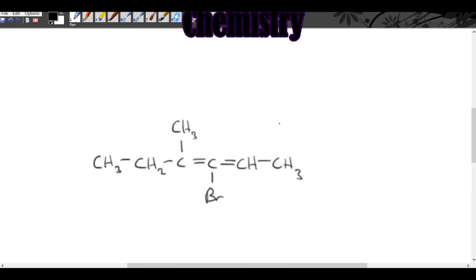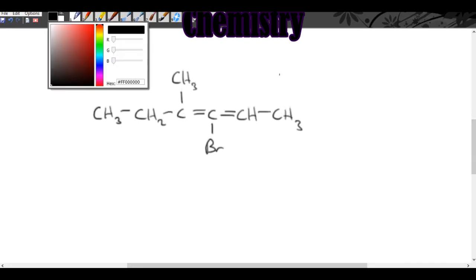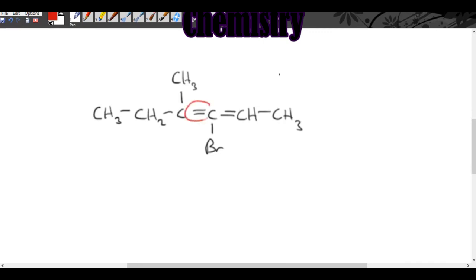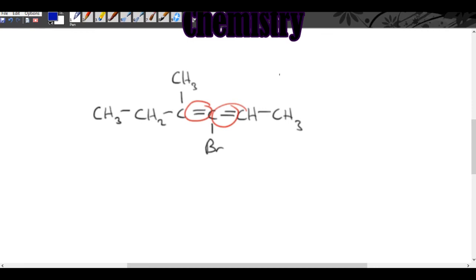Alright, so let's consider this example here. Now, we have 2 double bonds, and we have side chains of 1 methyl group and 1 bromo, or bromine.